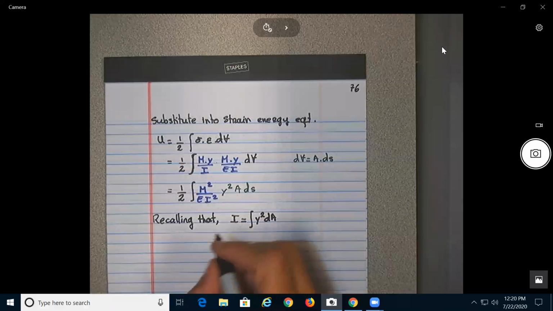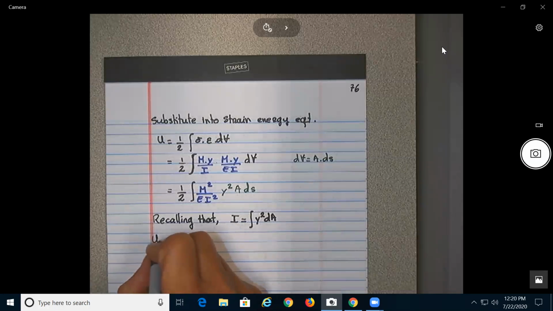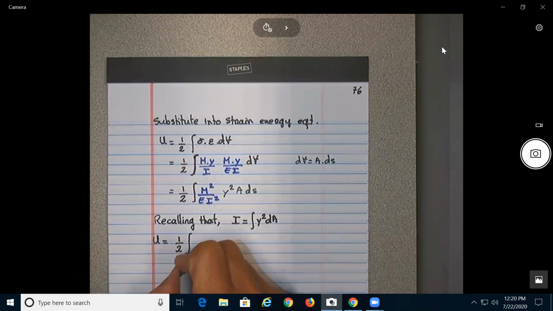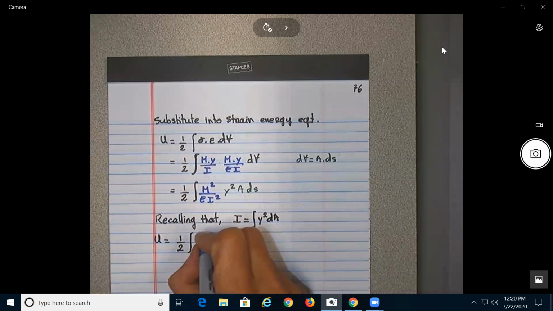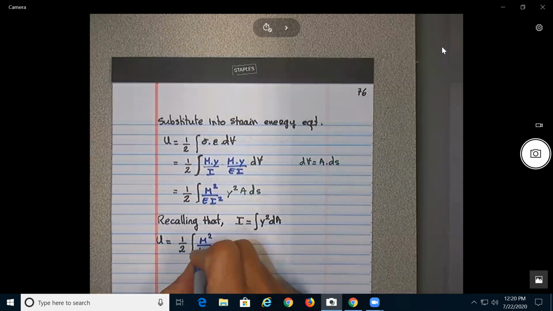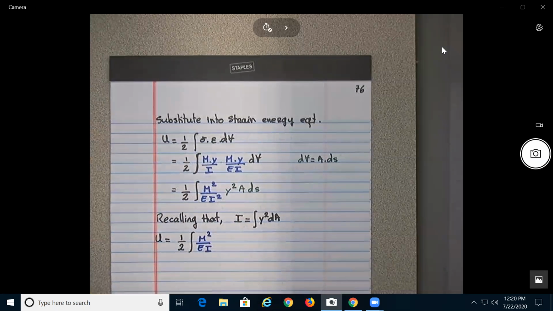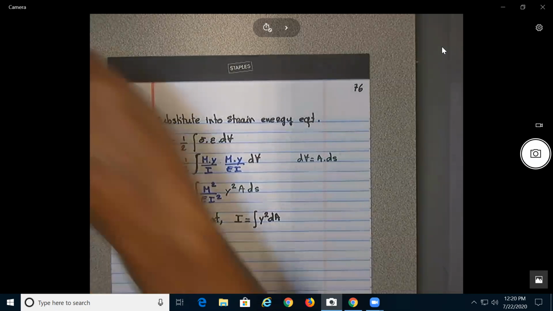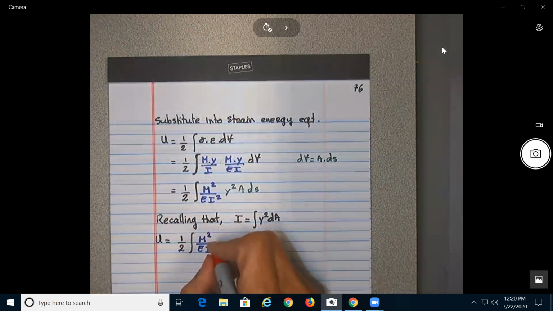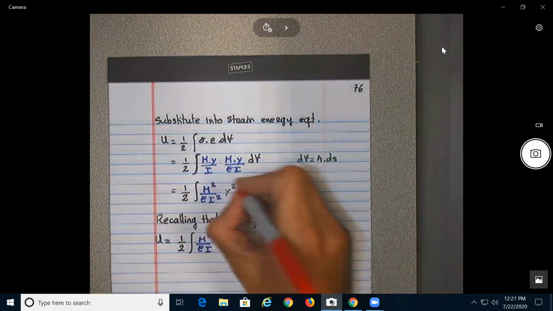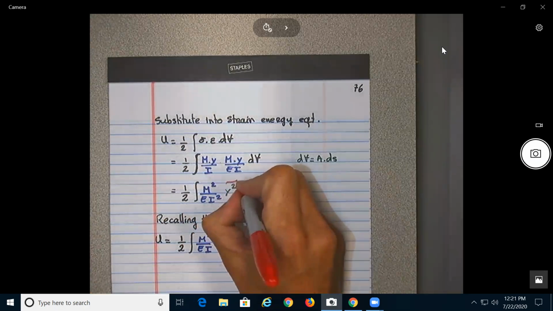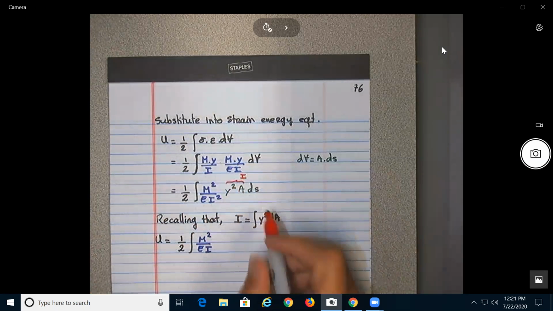Okay? So if I do that, we have that U is equal to 1/2 integral of M squared over EI times, so this term over here is I, after integration, no?